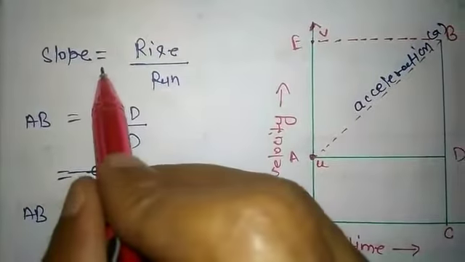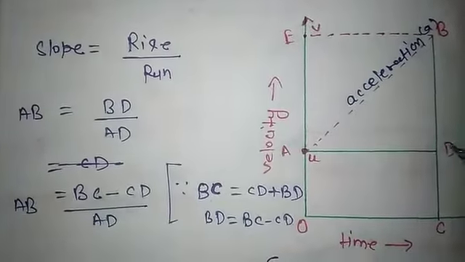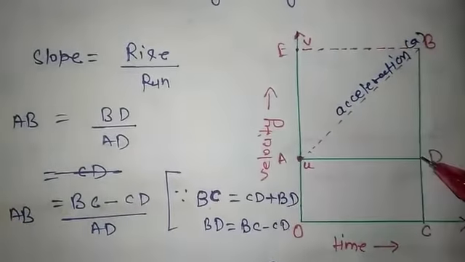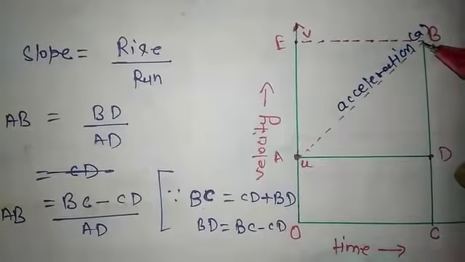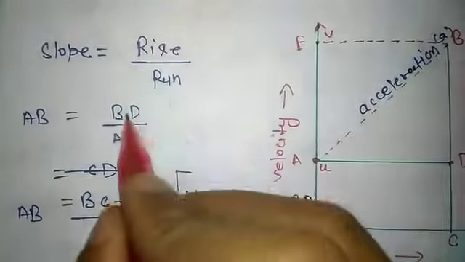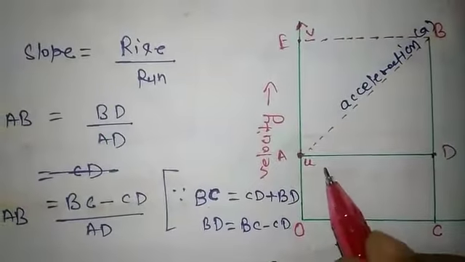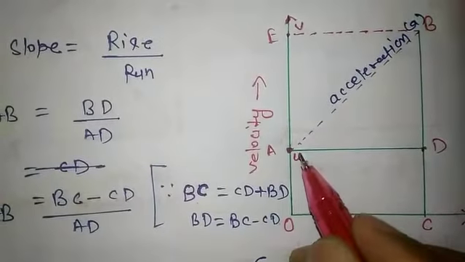The formula of slope is rise by run. The rise of the object is from point D to B, so you can write the rise as BD. And the run: how much distance does the object run?